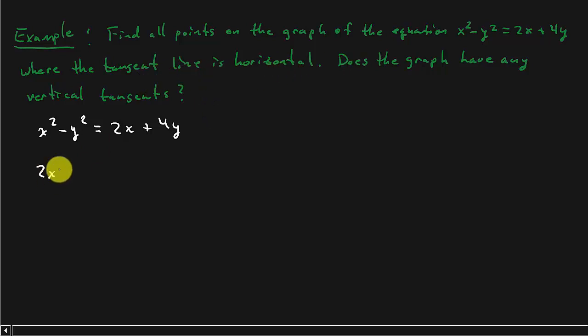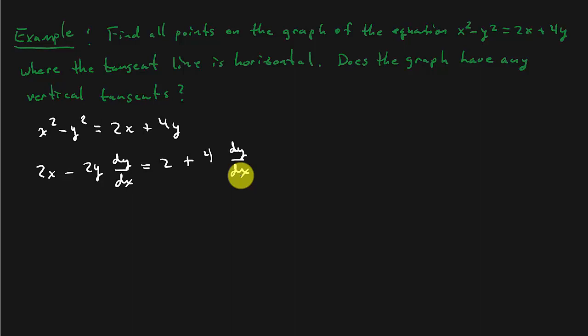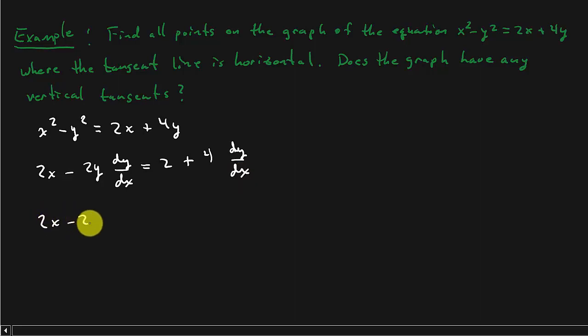So let's find the derivative. So I've got 2x minus 2y dy dx equals 2 plus 4 dy dx. See, I used all the same rules that I've been using to find derivatives. It's just when I took the derivative of the y term, I tack on that dy dx. So now we got to solve. So let's see, what would be the best thing to do here? Probably do 2x minus 2 equals 4 dy dx plus 2y dy dx.